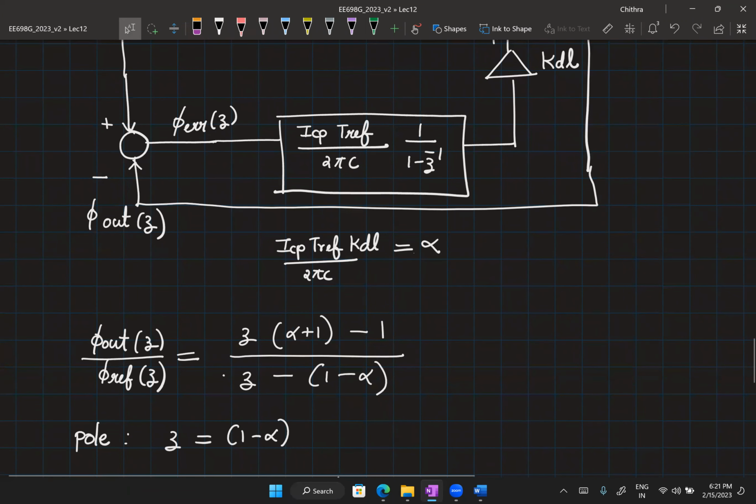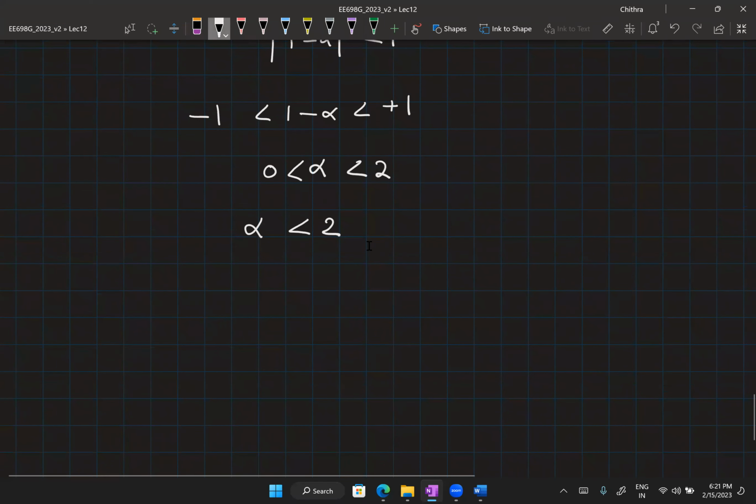So in this expression, is this quantity looking familiar? ICP KDL by 2 pi C. This was omega u for your continuous time derivation, right?